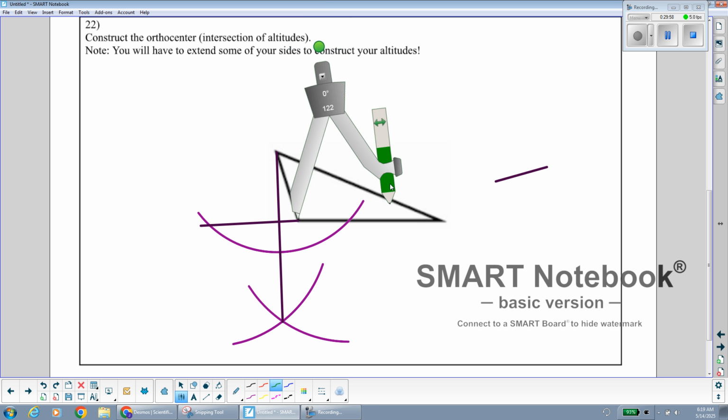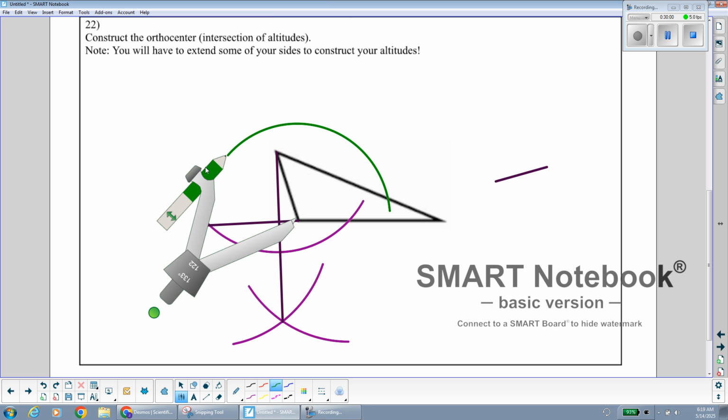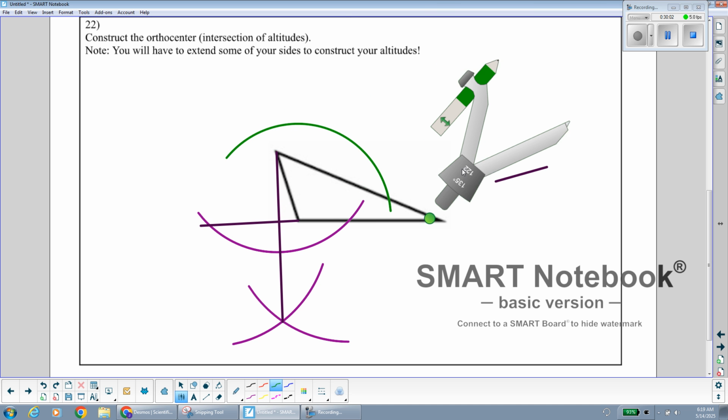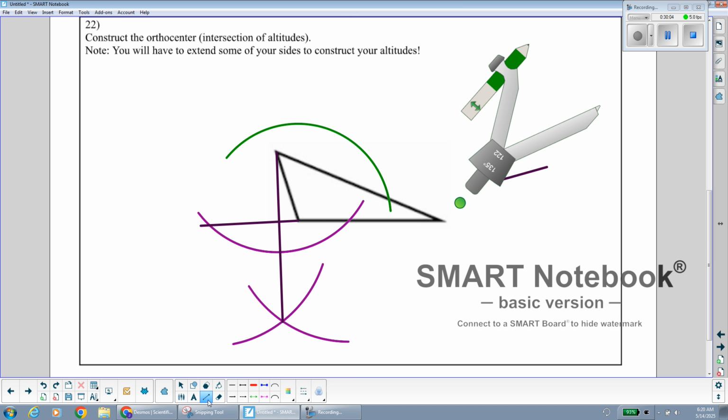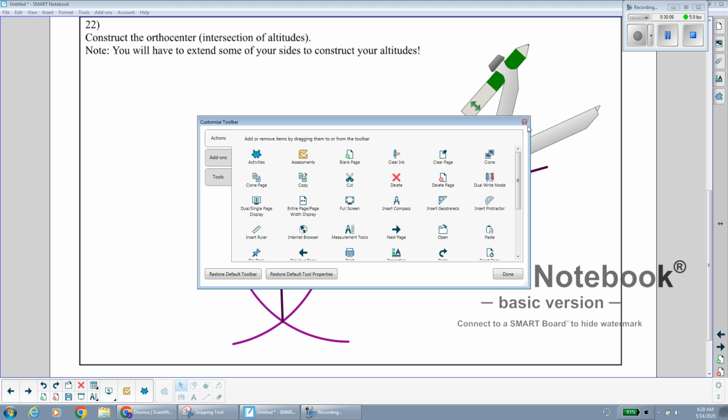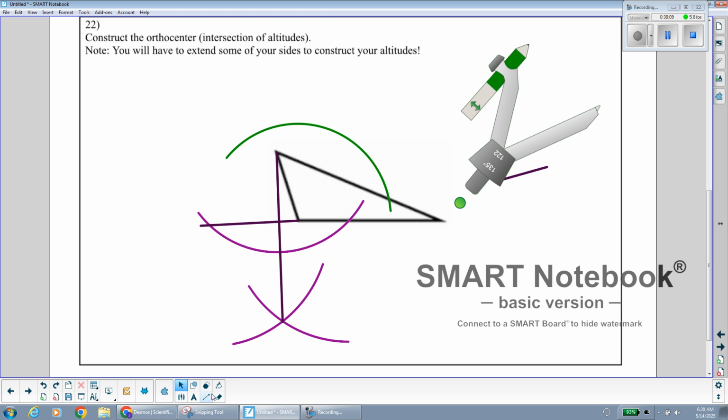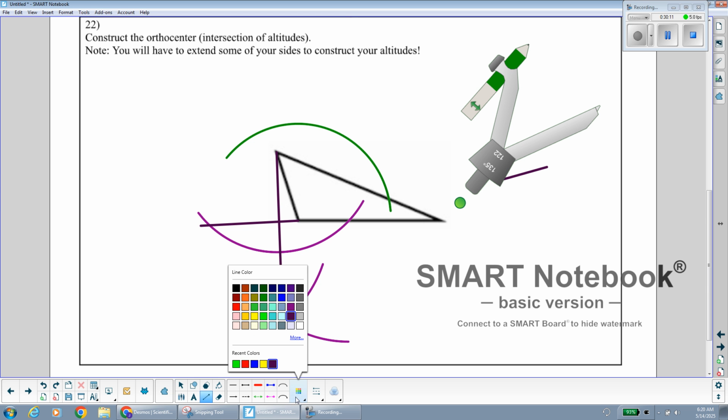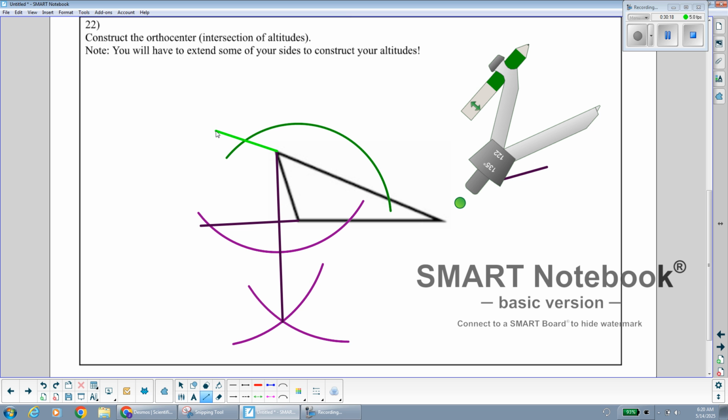Okay, well that will definitely intersect it. And once again, we won't see the intersection over there. We do need to extend the side of our triangle. I'm going to use a different color for that too. And use your straight edge to extend it.